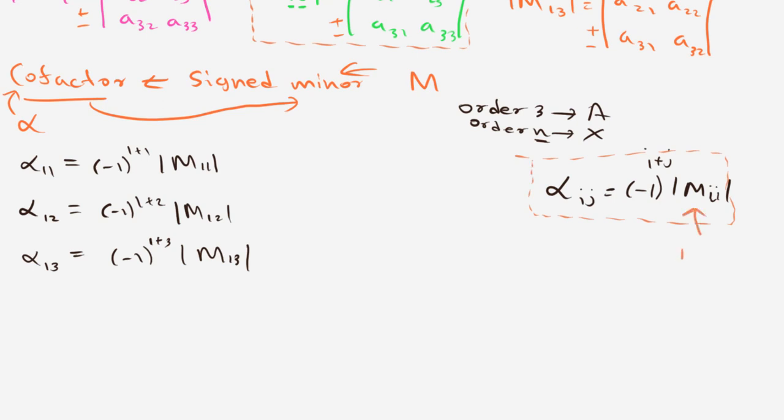So this is minor and this is cofactor. Okay, so that is the topic about cofactors and minors. So let's do some examples, so you will understand this procedure correctly.